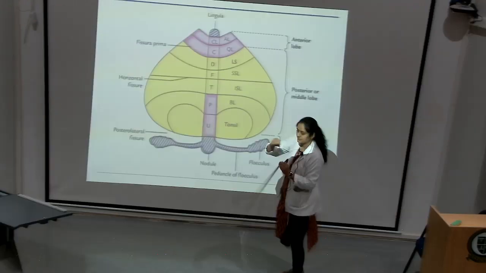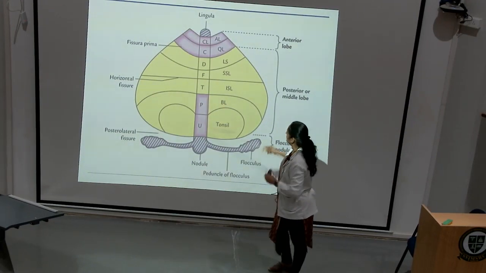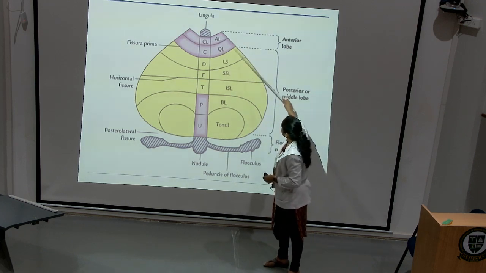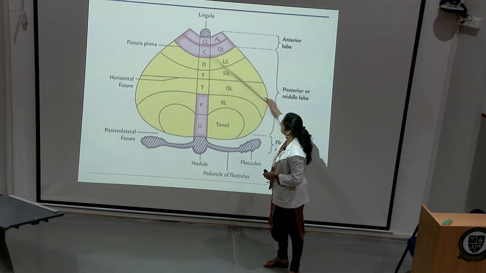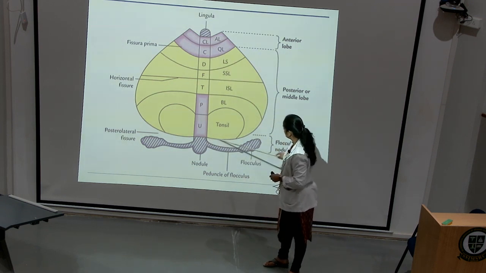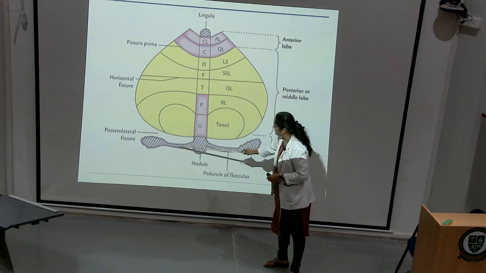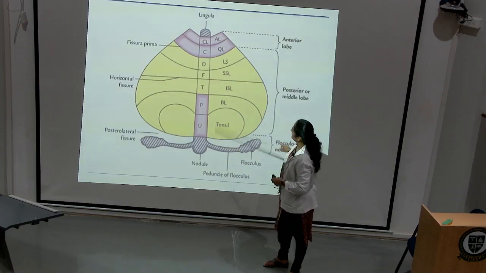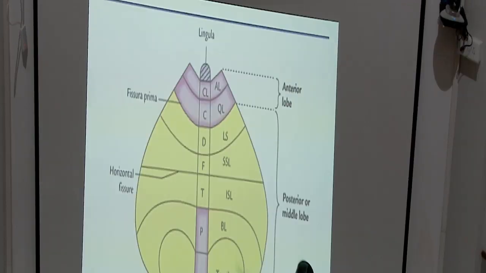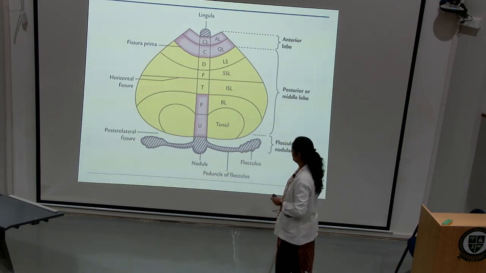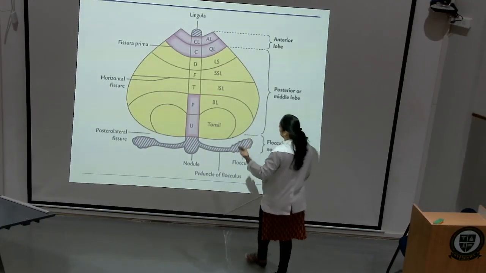Okay, so now we have spread this out, and you can see this is the fissura prima dividing the cerebellum; this is the anterior lobe, and this is the posterolateral fissure. This is called the flocculonodular lobe. The rest, between the anterior and the flocculonodular lobe, forms what is called the posterior lobe or the middle lobe of the cerebellum. Now they have been labeled.